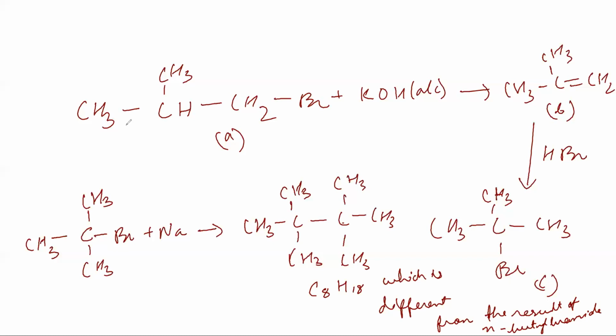So these are the reactions: A to B, B to C, and C to this one. These are the reactions which are correct for the above question 10.21. For this kind of question, it is very important that you know what is being asked.